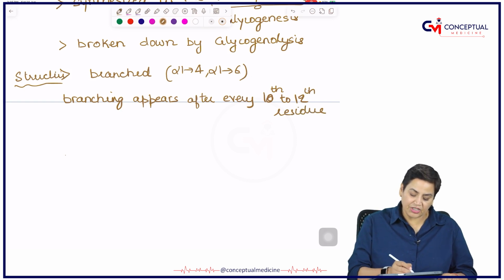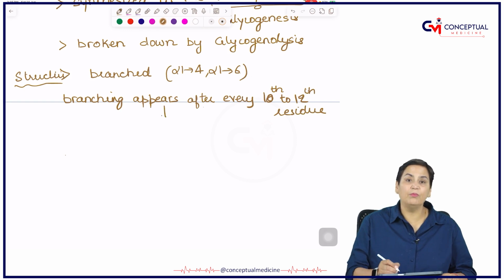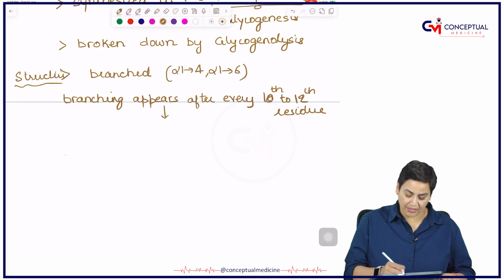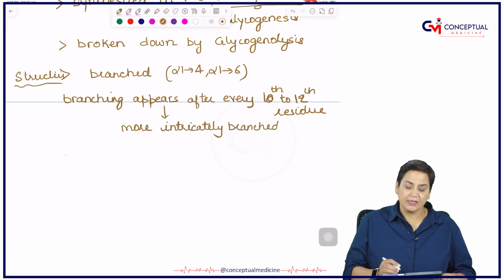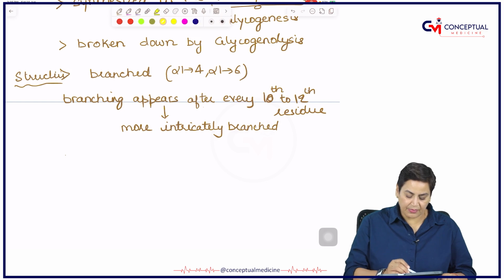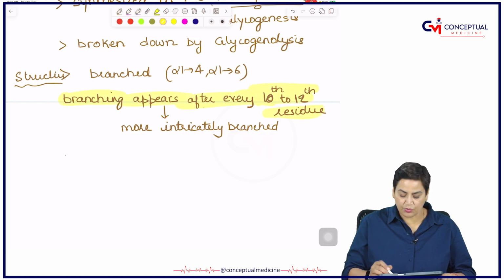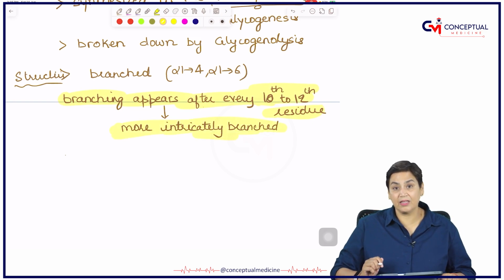In a nutshell, glycogen is more extensively, more intricately branched. Very important, right? This is the main difference between starch and glycogen, because glycogen is synthesized in the body.